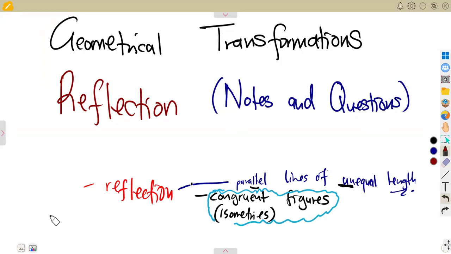And if the points are being joined, you join A to A1, just like the previous case, B to B1, you're going to have parallel lines, but they will not be of equal length. Once you see this, you conclude that this is a reflection.